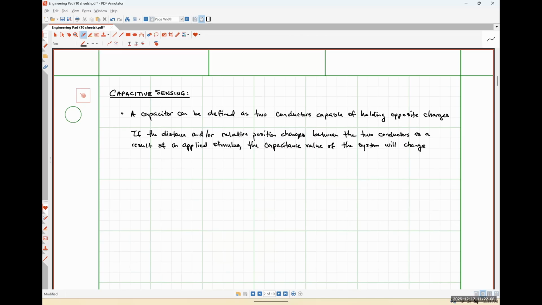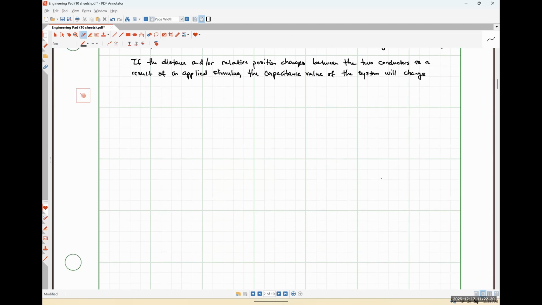So for the overwhelming majority, MEMS capacitive sensors will be implemented using a parallel plate capacitor system. Okay? So I'll draw a simple picture here. So let's say that we have a top plate like so. And this top plate is attached to a spring through some form. Right?